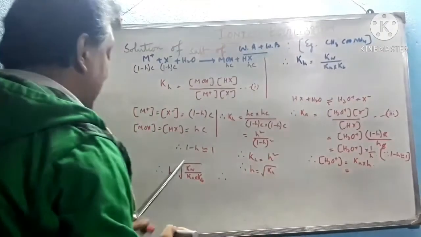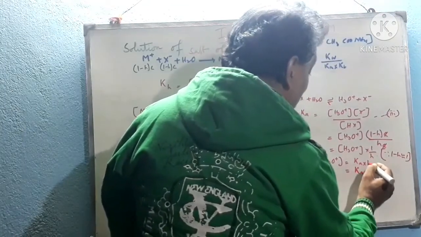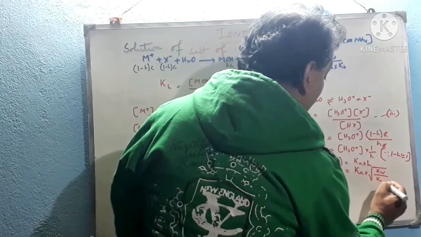What is the value of h? Kw by Ka into Kb. So instead of h you can write here Kw by Ka into Kb.